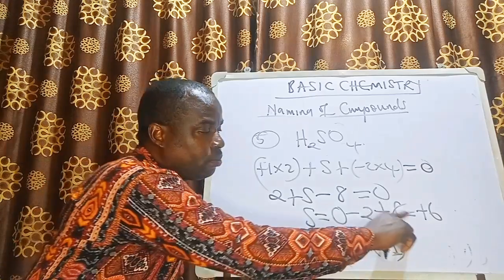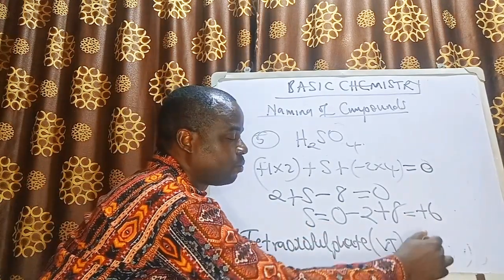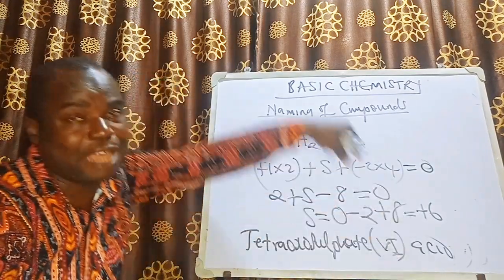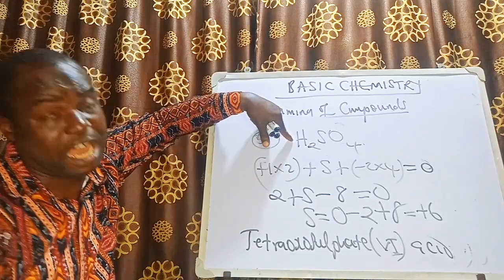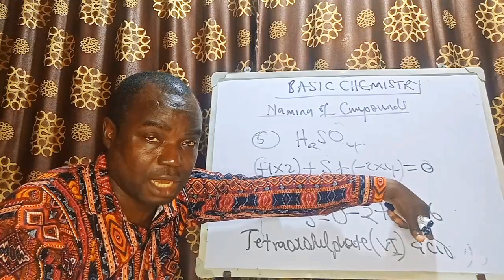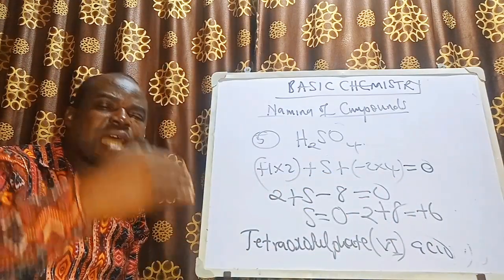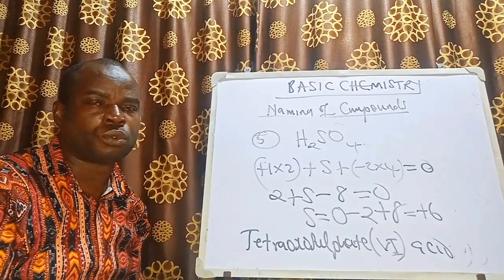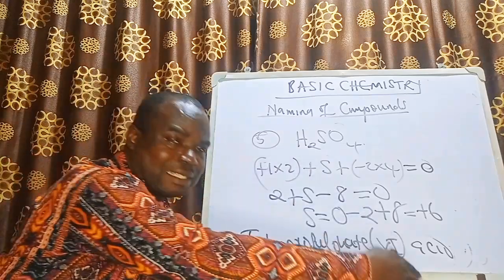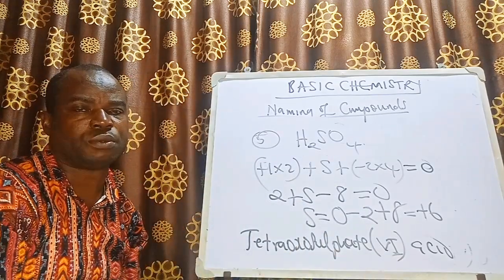Where is 6 coming from? This plus 6 now, that's it, okay? Just write acid. The acid you are writing here shows that hydrogen is the first element. So the hydrogen, you don't pronounce it, rather you call it acid and it comes second. Do you understand? So anytime hydrogen starts a compound, you don't mention the name of that hydrogen. Rather, you call the compound acid after naming the second part of the compound.